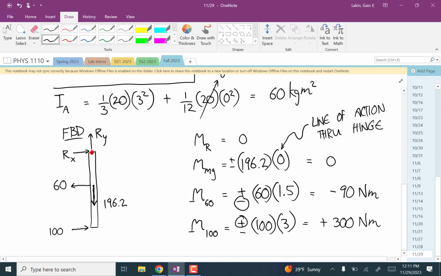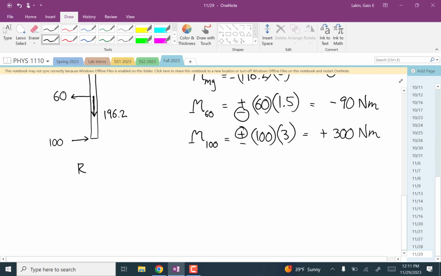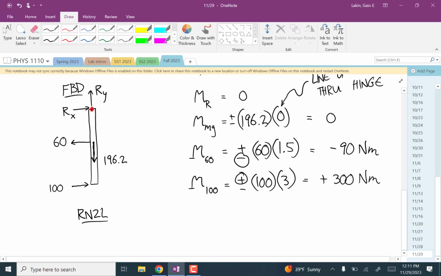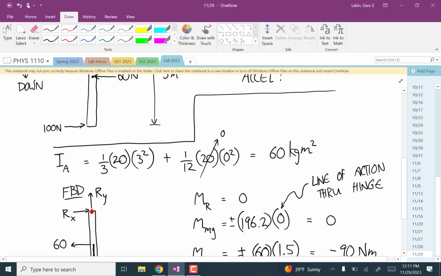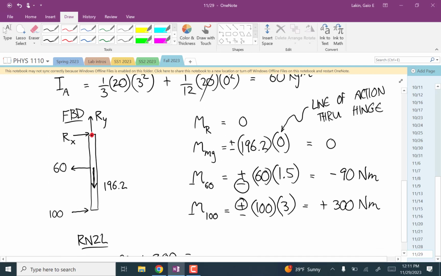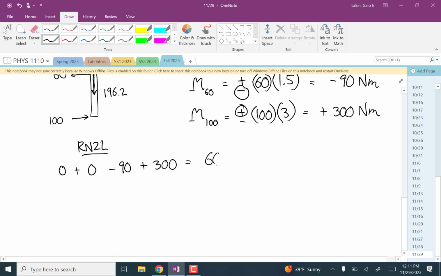And now we've dealt with every one of those forces. So now we'll go to the rotational Newton's second law. We get that 0 plus 0 minus 90 plus 300 is equal to the moment of inertia, 60, times the angular acceleration.